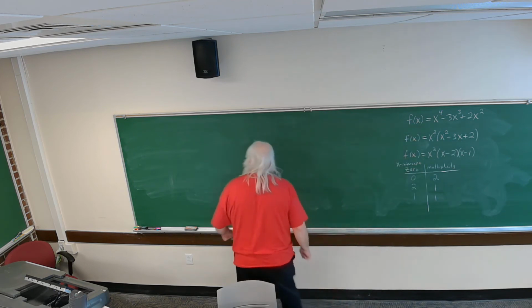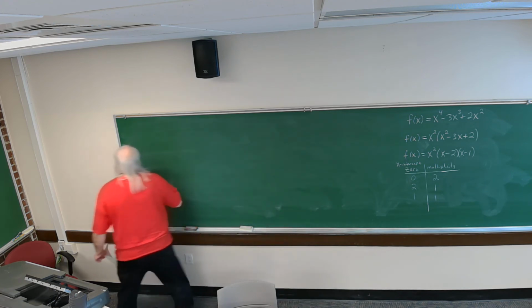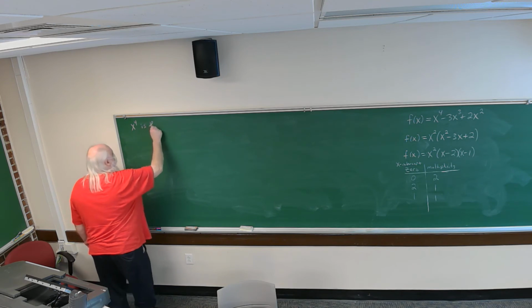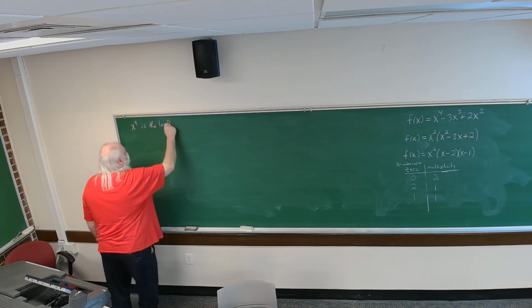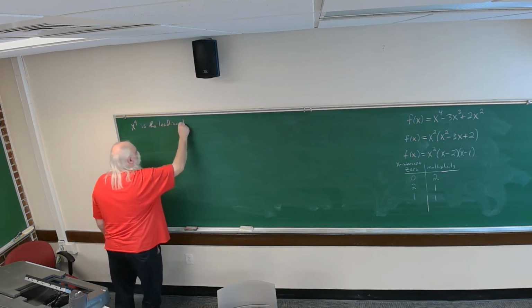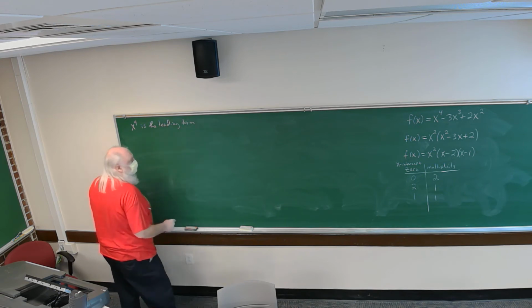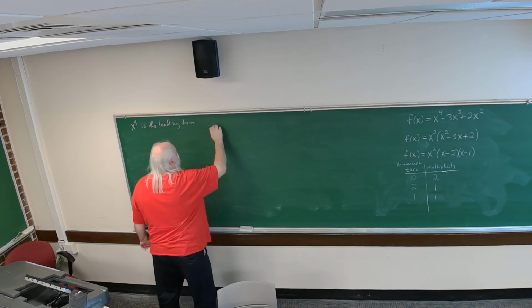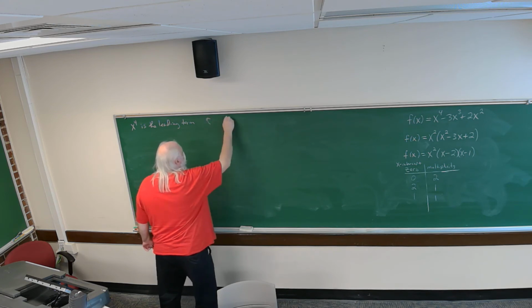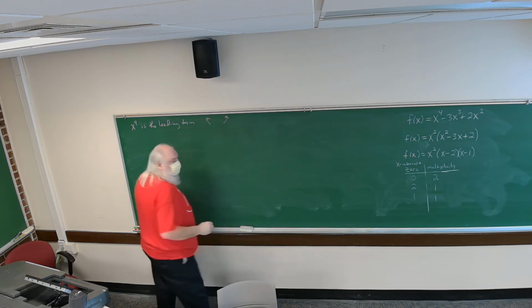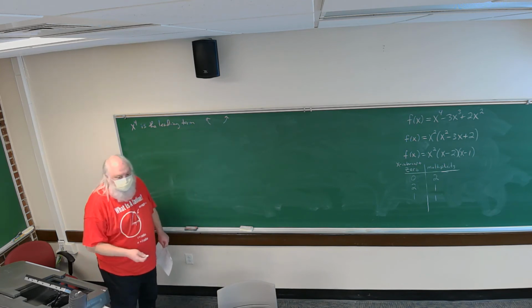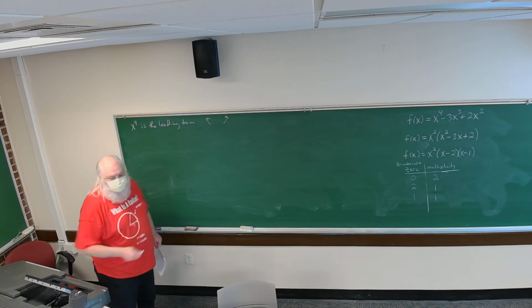It acts like a parabola that opens up. So x to the 4th is the leading term of this polynomial, and so the graph goes up on the left end and it goes up on the right end. So now we know the x-intercepts, the multiplicity of those x-intercepts, and the end behavior.